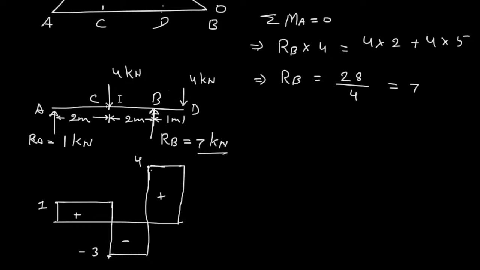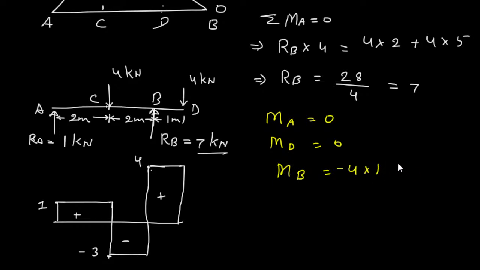Now we will find bending moment. So bending moment at point A is 0. Moment at D is also 0. If I calculate moment at B, it is hogging moment, 4 times 1.